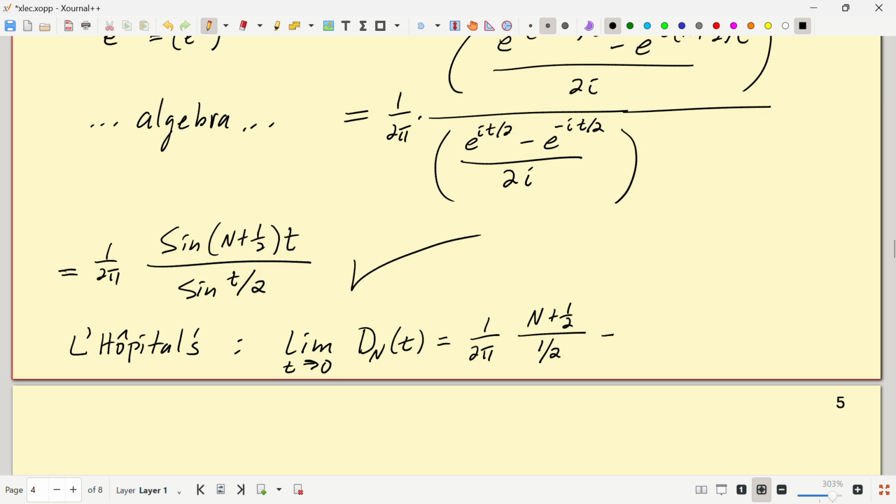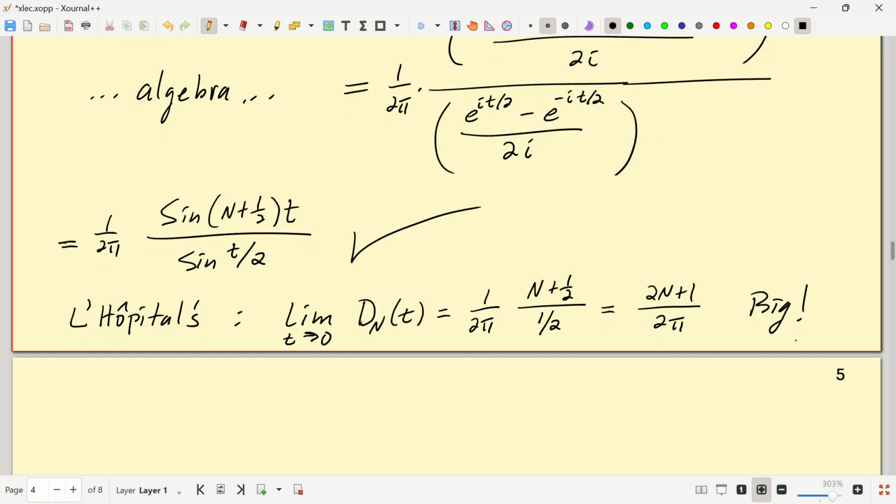And that's really big. What is it? It's 2n plus 1 over 2 pi. Big. That's why Fourier series are delicate. That's a great big thing.